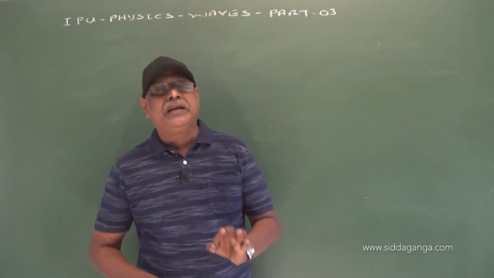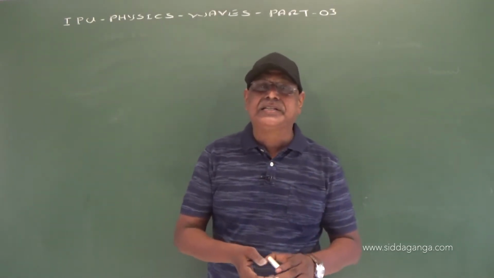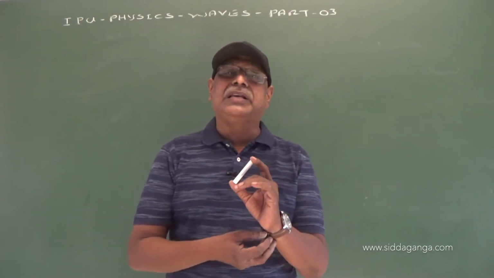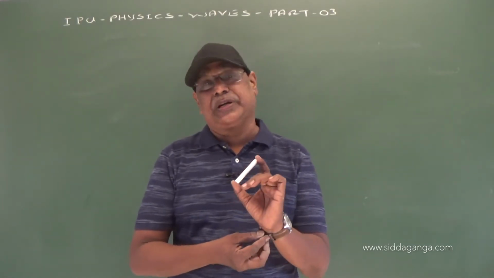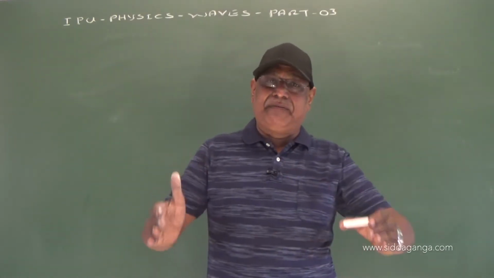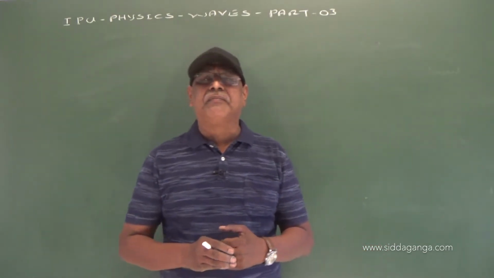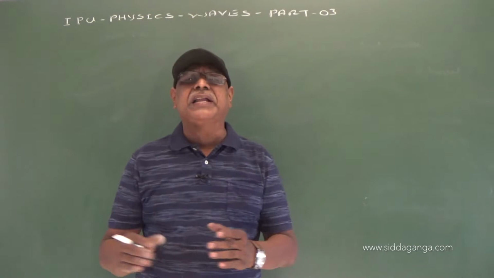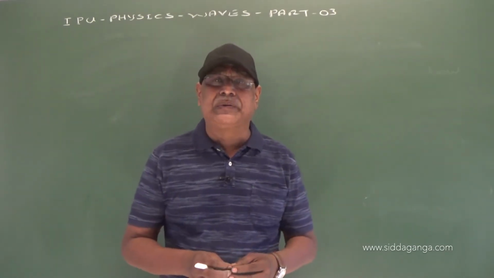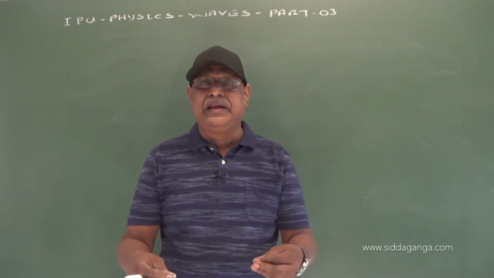Remember that in the previous chapter, when we were discussing simple harmonic motion, it is a single particle executing simple harmonic motion. But when we are talking of wave motion, a large number of particles of material medium, that means atoms or molecules, they execute simple harmonic motion, right?